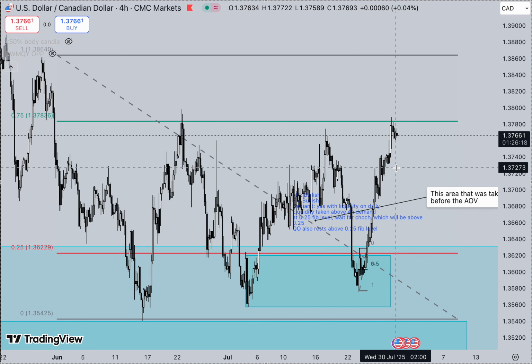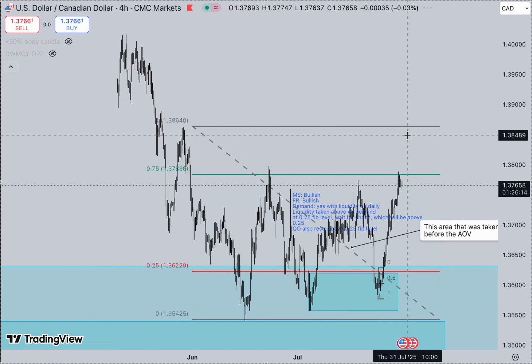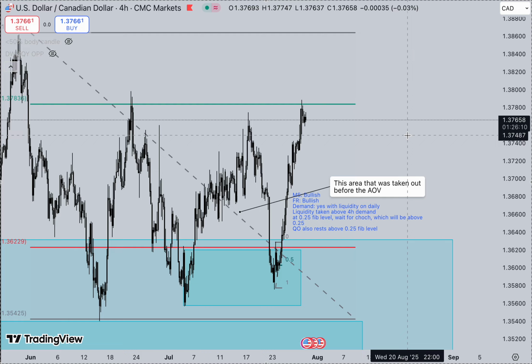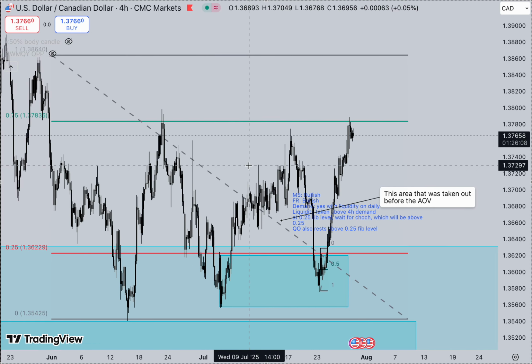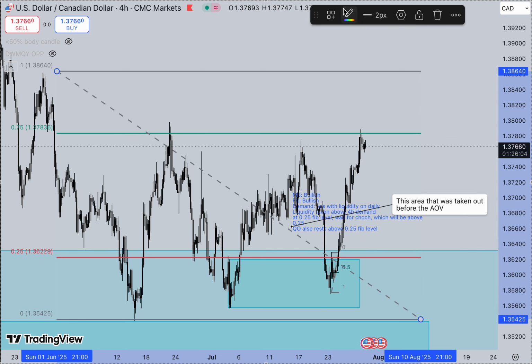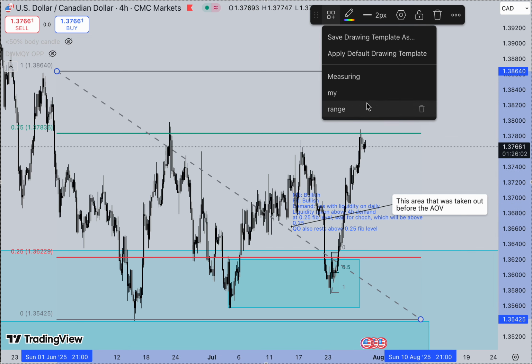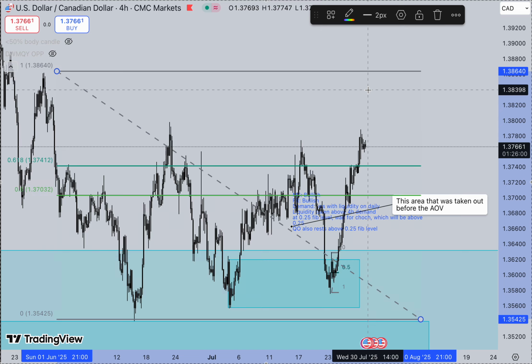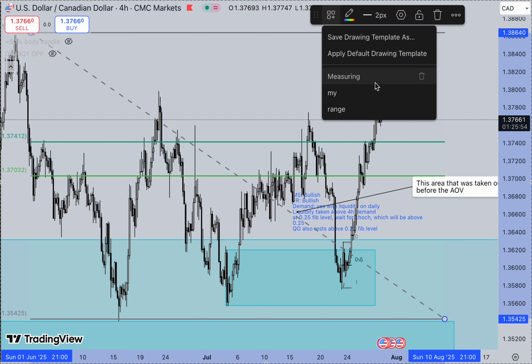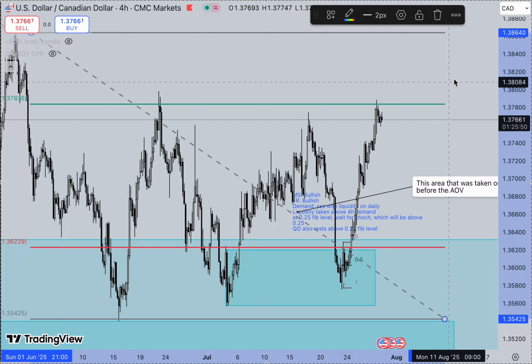Okay, so now we're at the premium. What do we want to look for? According to the market structure, we should be looking for buys. So I'm not really interested. If we get a retracement into that 0.5 level, into this level right here, then we can look for further entries for buys, because fundamentally we are bullish on USD CAD.